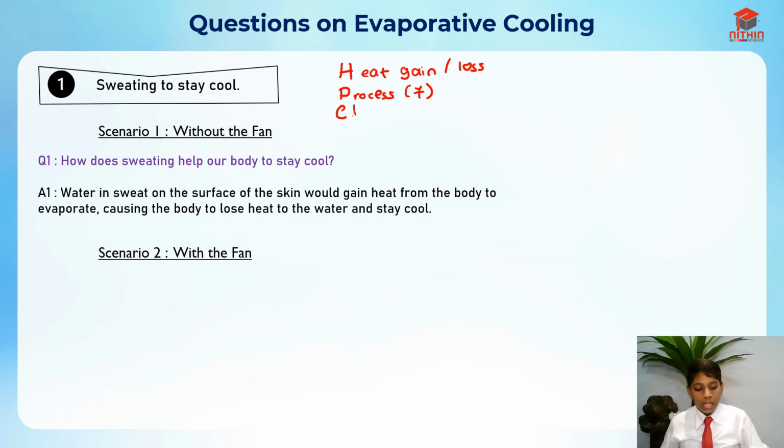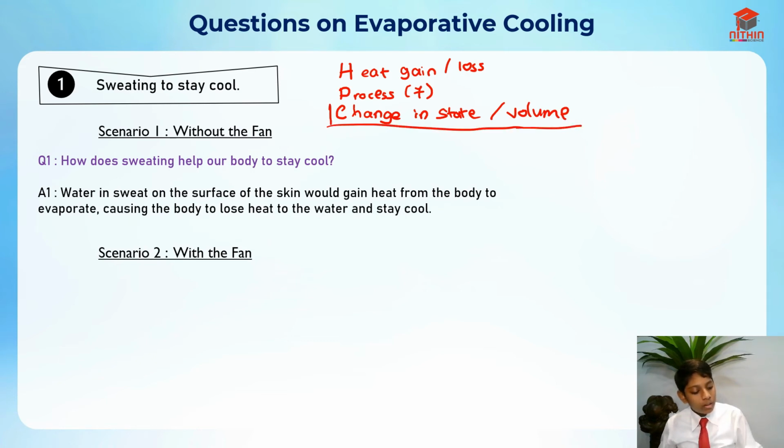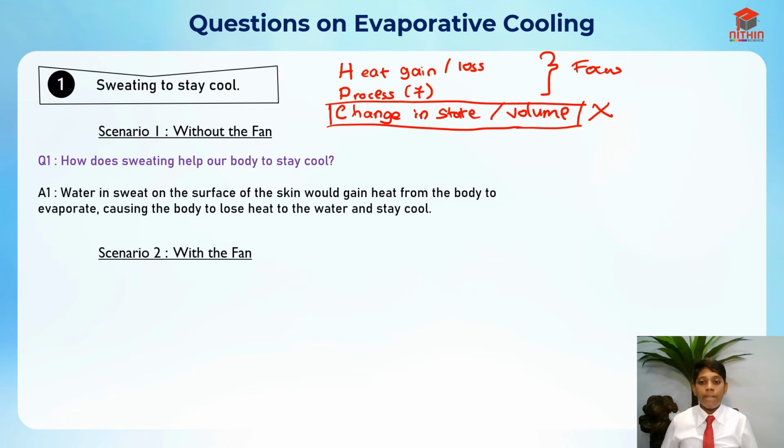And C stands for change in state or volume. For this question, there is no change in state or volume, so I'm going to kick this out. I'm going to focus on these two only. So identify which are the H and P.